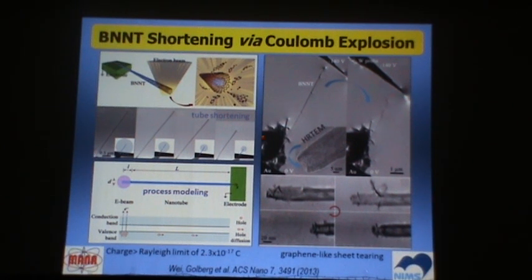In this case, we have an interesting phenomenon called Coulomb explosion. At some point, we have these exploded layers, one by one or in some packs, and the tube gets shorter. You can see actually these are boron nitride graphene layers when we just charge the structure by electron beam.